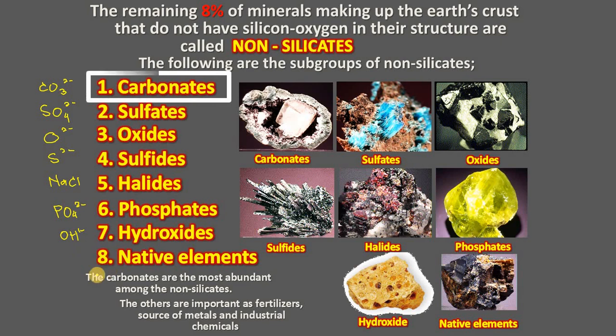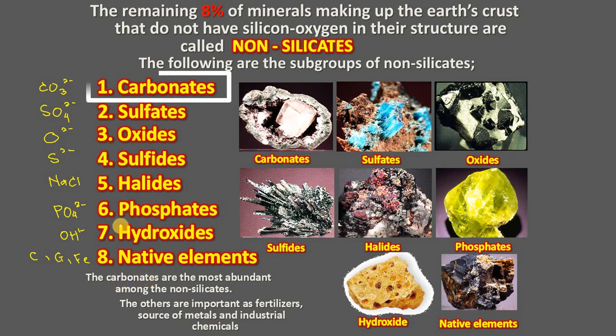And then, you have the native elements. When I say native elements, guys, they are pure, no? Pure gold, for example, pure carbon, just like the diamond. So, iisa lang, no? Mga example nito, you have the carbon, yung sa diamond, pure gold, pure iron. Yan. So ito yung mga tinatawag natin na native elements.